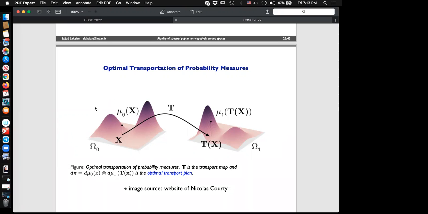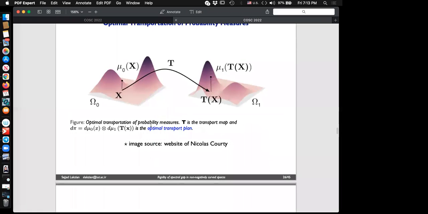Then you know that in optimal transport, when you move some mass from one spot to the other spot, the integral of d squared is minimized over the coupling measures that you take, which tell you how much of the mass from one point x is moved to another point on the support of the other measure, an infinitesimal description of this mass transfer.